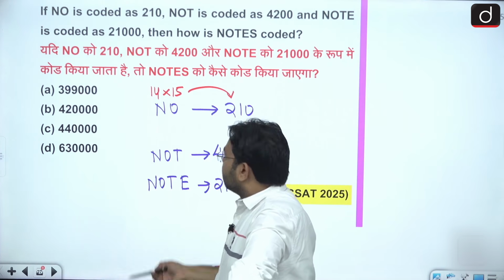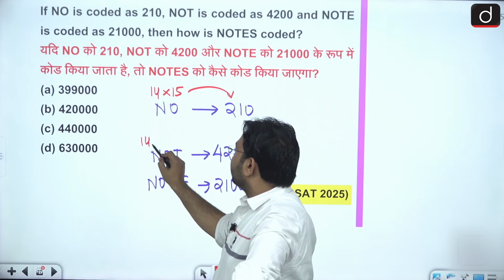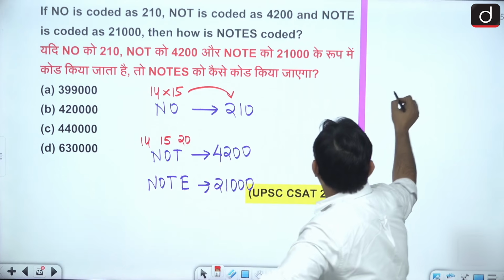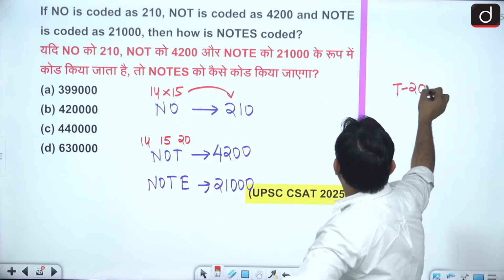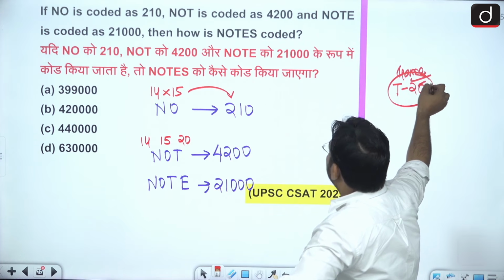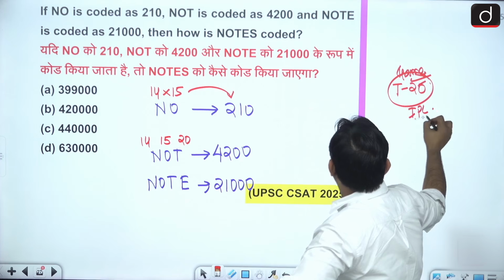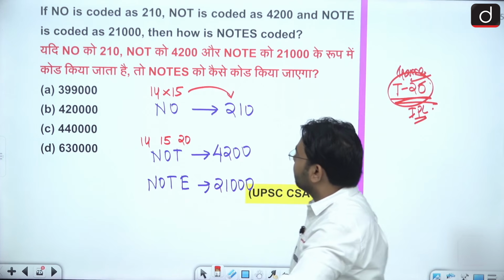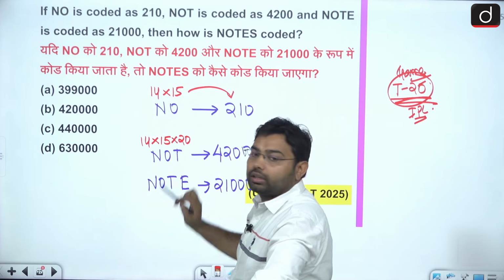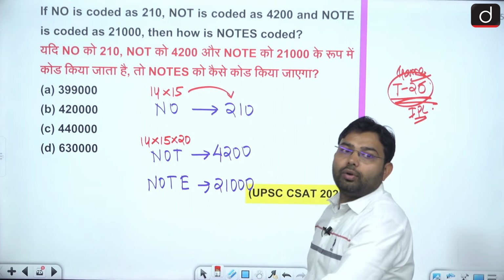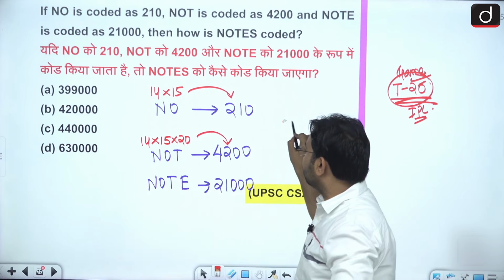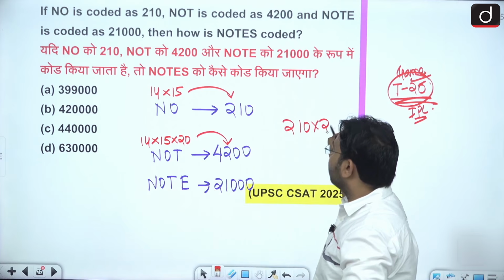N is 14, O is 15, T is 20, you can remember T20, the T20 game. IPL is running in the format T20. 14 into 15 into 20 is 4200, because this is 210 and into 20.